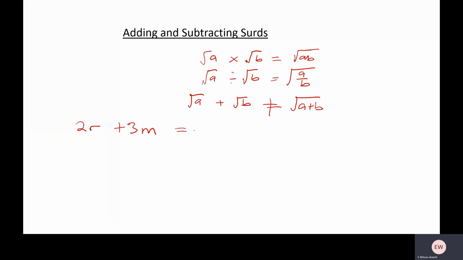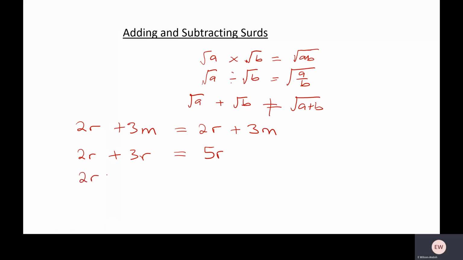So my answer is 2 oranges plus 3 mangoes. I can only add the fruits together when the fruits are the same. So if I have 2 oranges plus 3 oranges, then I have 5 oranges.